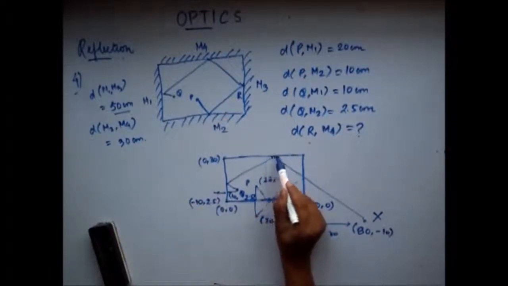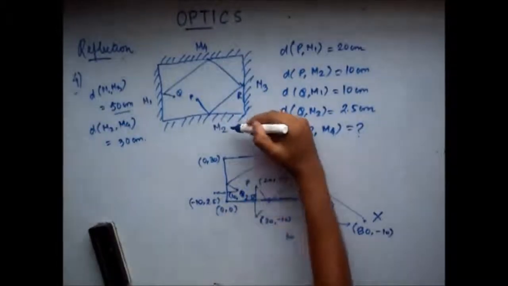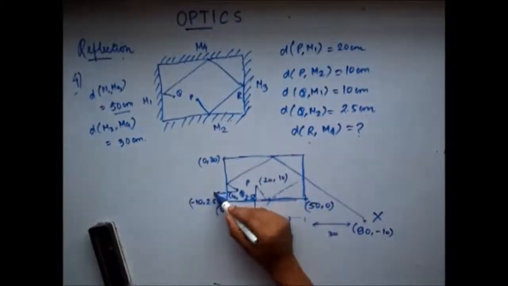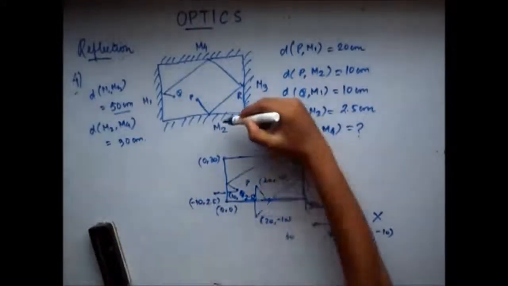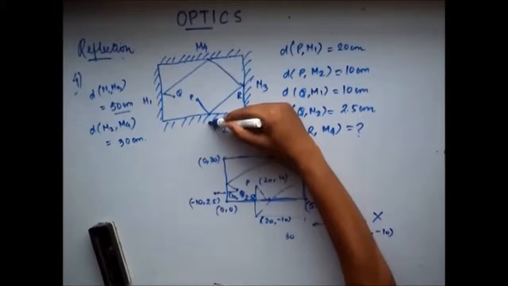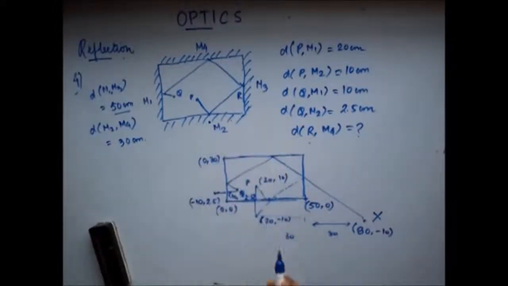Now for this mirror, this is the object, and this will form an image somewhere here. I'm just using the principle of reversibility. This is my image.